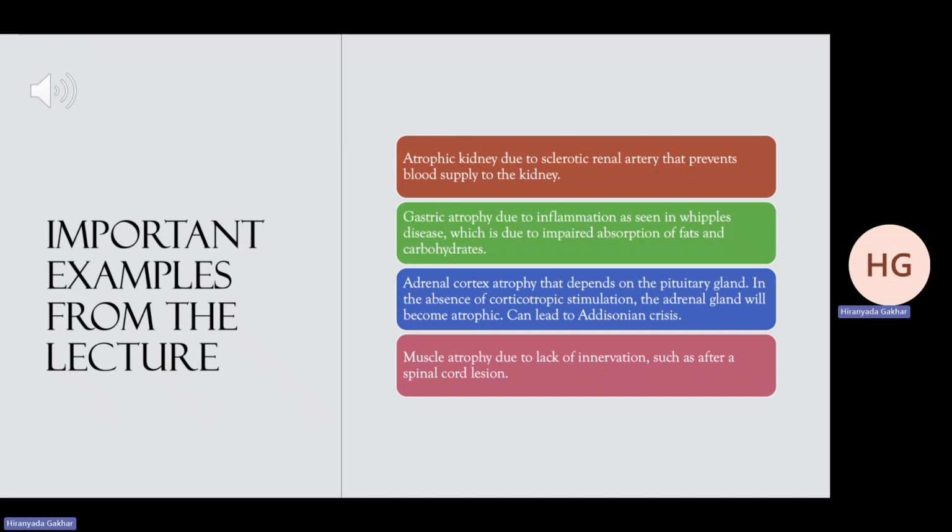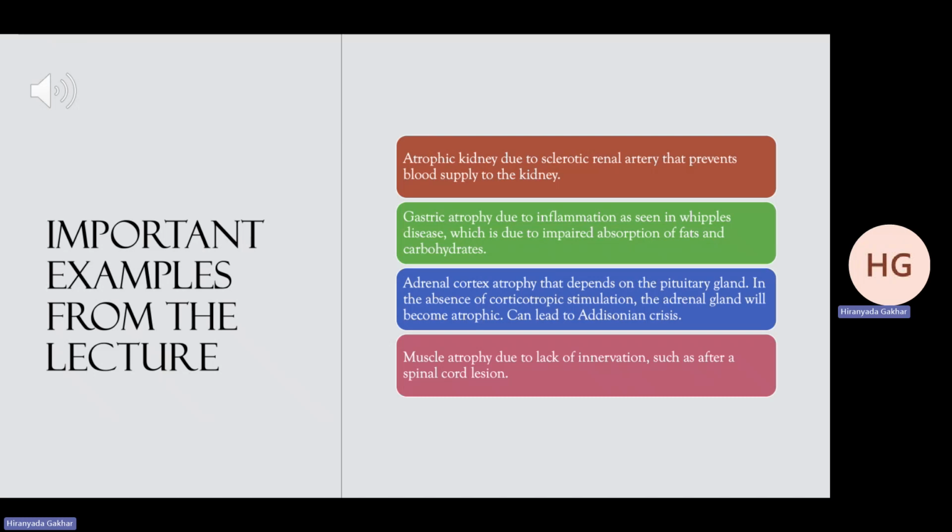The third example is atrophy of the adrenal cortex, which is an example of endocrine stimulation. This happens in the absence of corticotrophic stimulation, and what happens is that the adrenal gland becomes atrophic because it is not receiving any stimulation or any feedback.